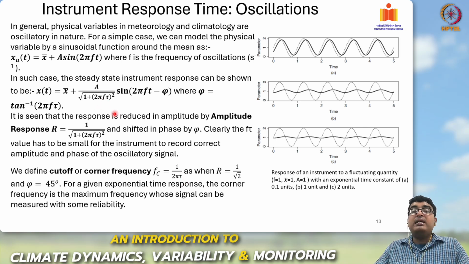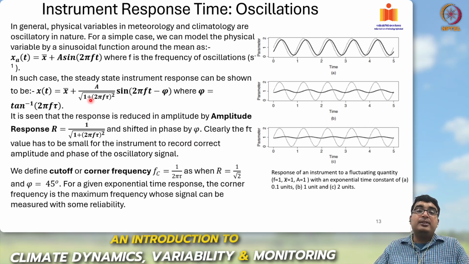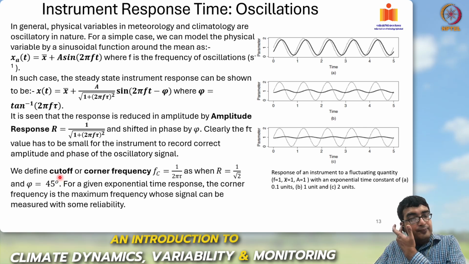So when f is equal to fc, then 2 pi f tau becomes 2 pi fc tau, which is equal to 1. So this becomes 1 plus 1. So the amplitude response becomes 1 by root 2. So, if the actual amplitude is A, the measured amplitude becomes A by root 2, and the psi becomes tan inverse 1, which is 45 degrees.